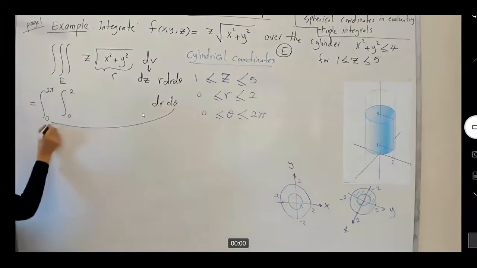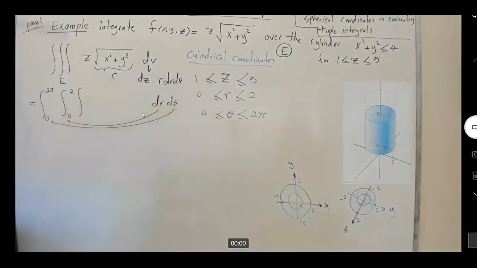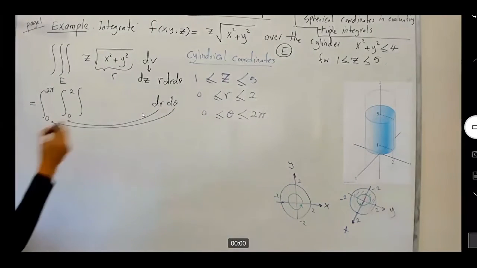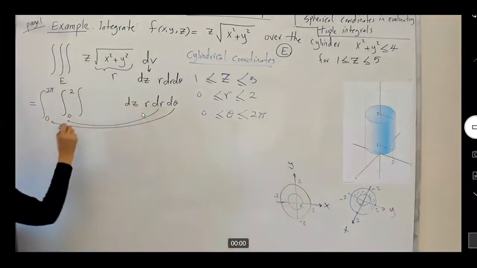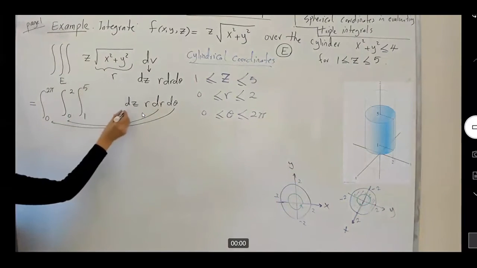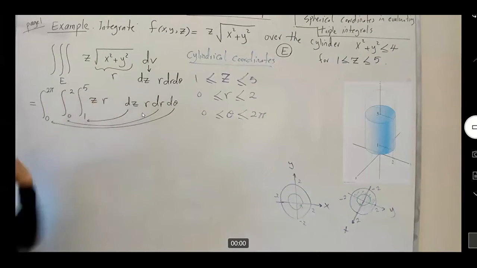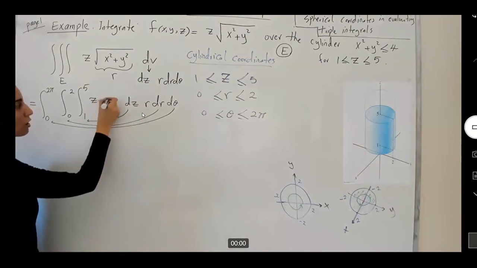So this is your d theta, this is your dr. And how about your dz? z ranges between 1 and 5, there we go. And I have z times r. Remember that I have r times r gives you r squared.